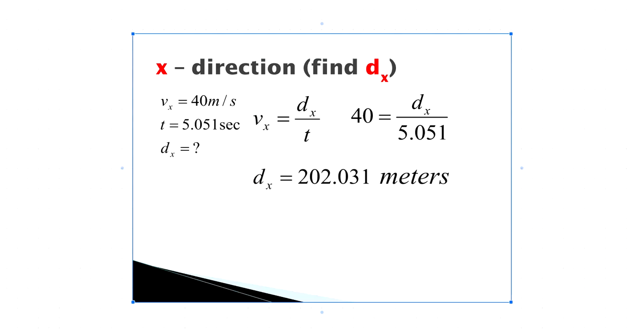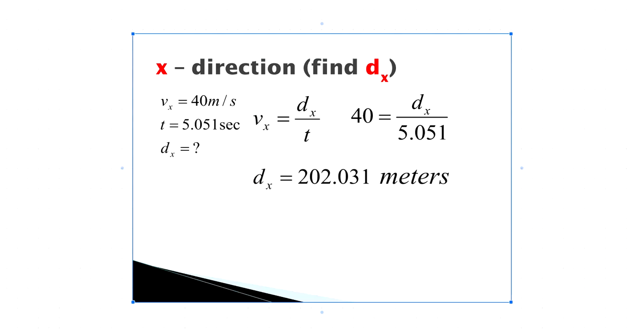It doesn't matter if you chose the first route with our full displacement equation to get 5.051 seconds, or if you use the equation that we derived from it to get 5.05 seconds, we will still end up with an answer that is very close. With this equation, we did have to manipulate it a little bit.